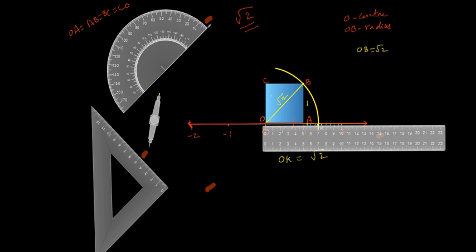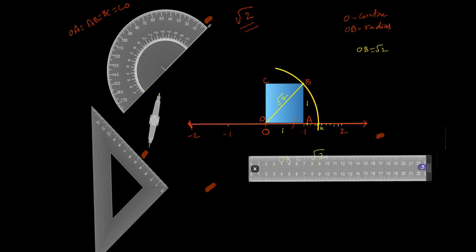Now I remove the scale. You may observe here where it intersects. After 1, you may observe how many parts there are.